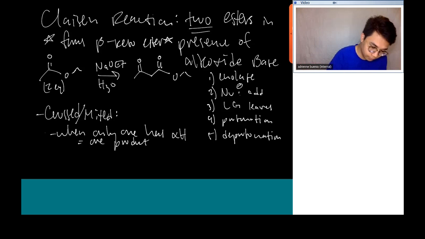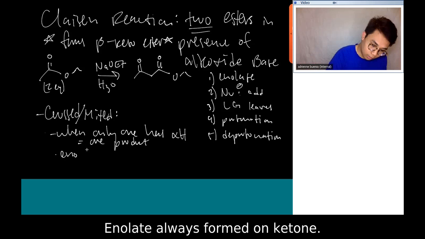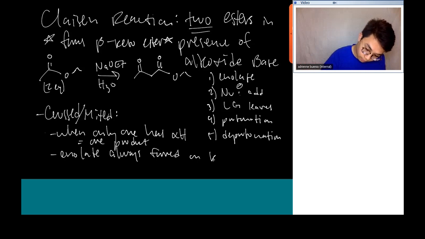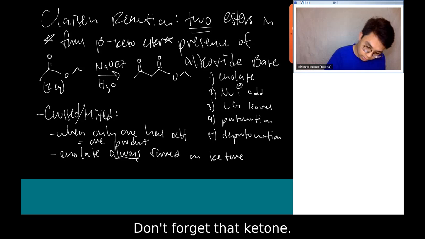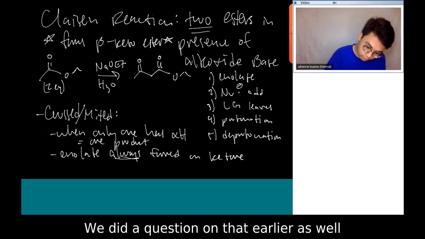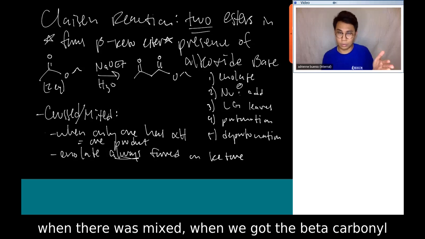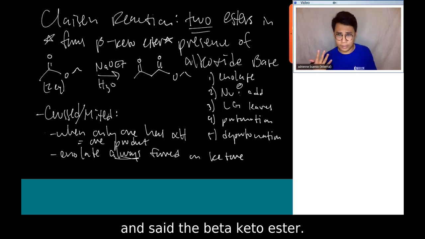Enolate is always formed on the ketone, right? So that's a good one. Don't forget that on the ketone. We kind of did a question on that earlier as well when it was mixed, when we got the beta carbonyl instead of the beta keto ester, right?